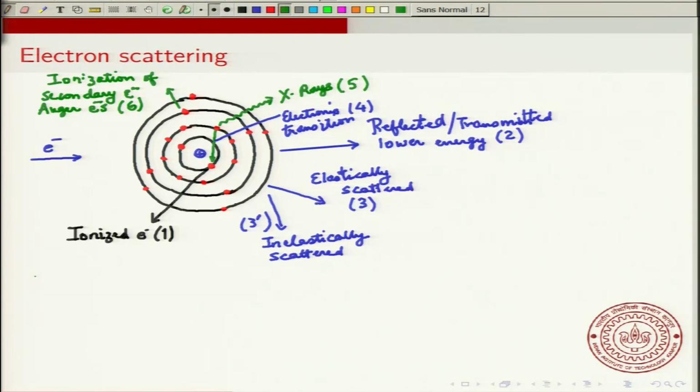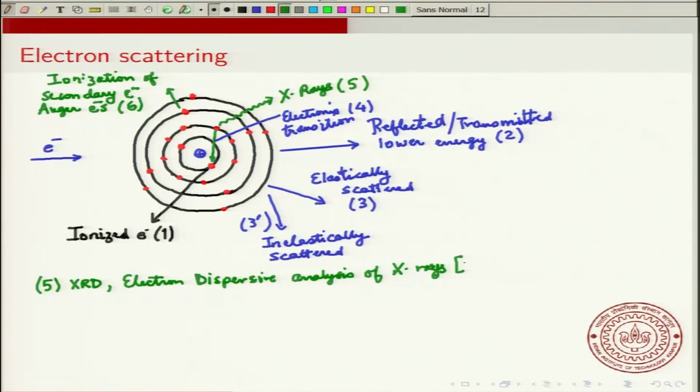So 5 is used for XRD, but it can also be used in a process called energy dispersive analysis of X-rays, or EDAX.